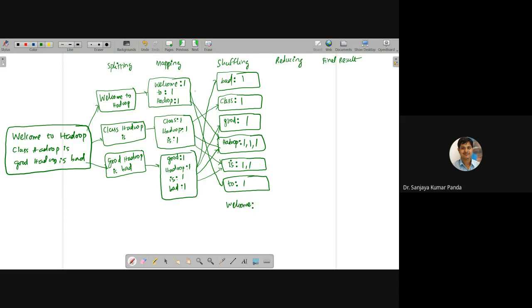Welcome occurred only one time here. Right? This is the shuffling phase. Now, in the reduce phase, what you have to do? Class is repeated only one time. Its occurrence is 1. Word count: good is equal to 1. Hadoop is 3 times.